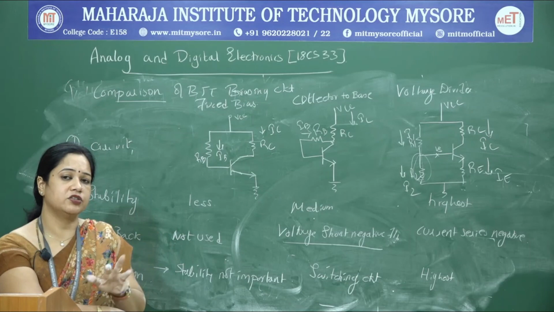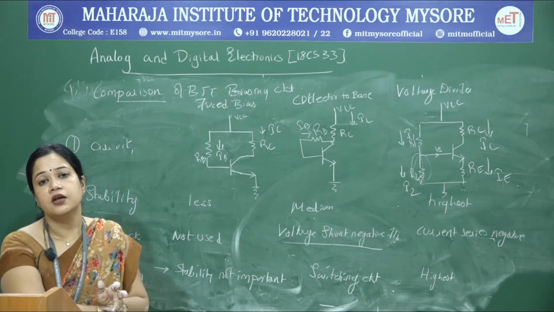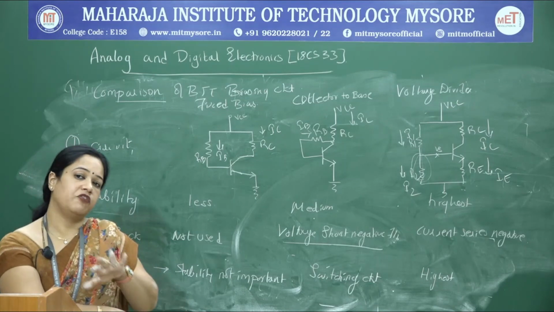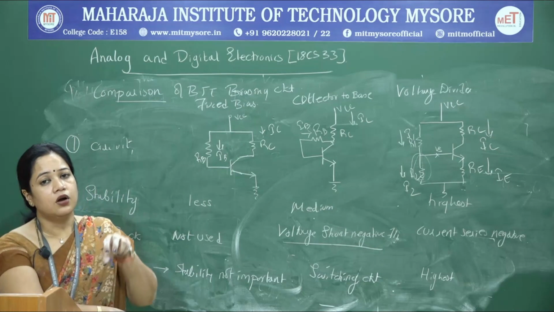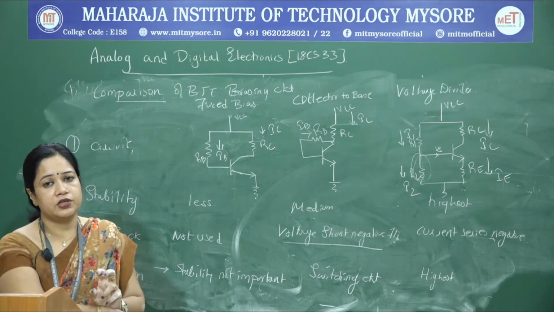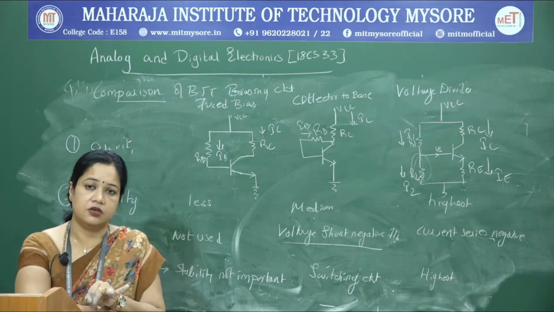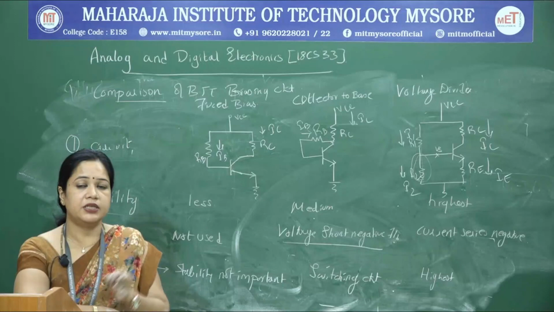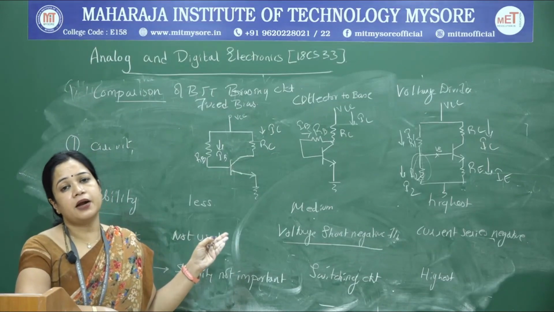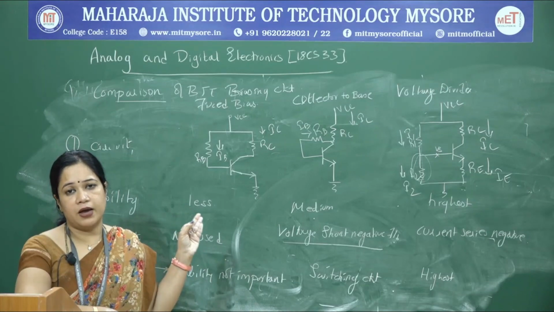An operational amplifier is a high gain differential voltage amplifier, and the fundamentals of this have already been covered in your basic electronics, and a few fundamental applications of the operational amplifier such as adder, differentiator and integrator you have already discussed in basic electronics. We will take up advanced application circuits of the op-amp.